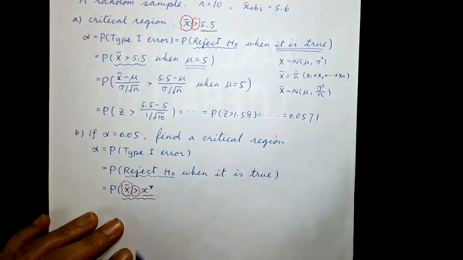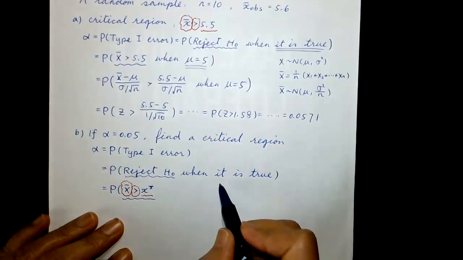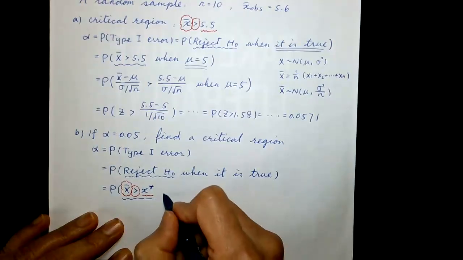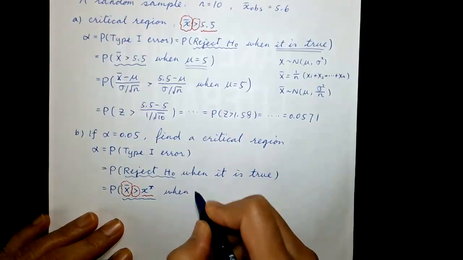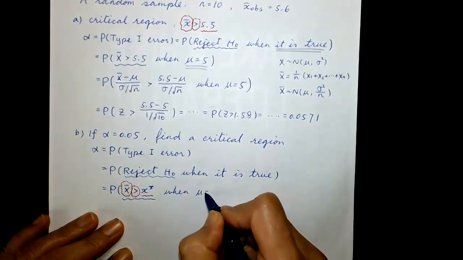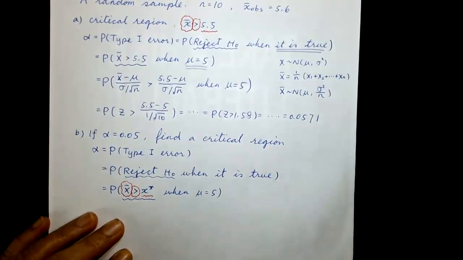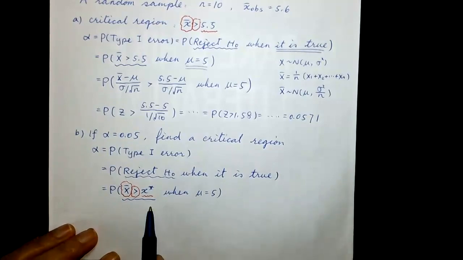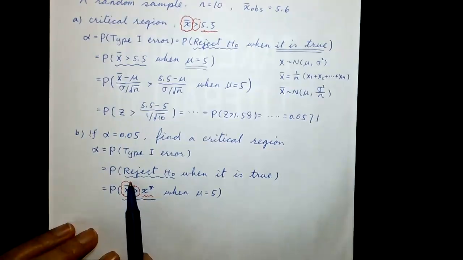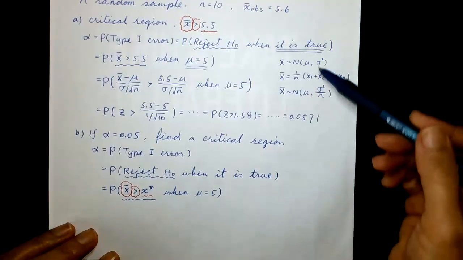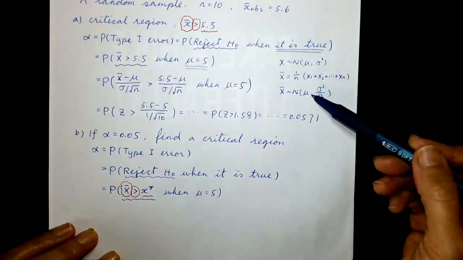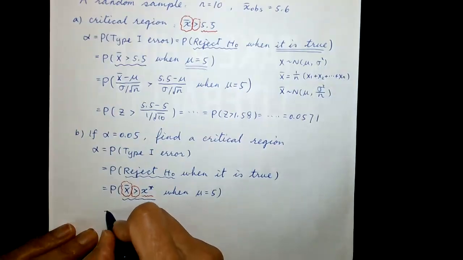This is the critical region when H0 is true. That comes from mu equals 5. From here, since we have two things, I hope you are clear that x bar is the variable. This is the constant. So of course, the same logic, we standardize x bar to be the z.